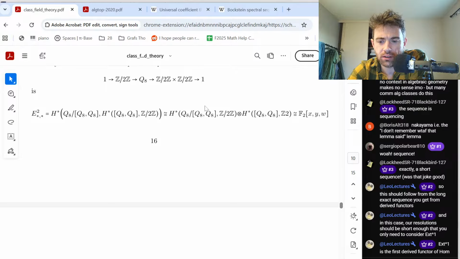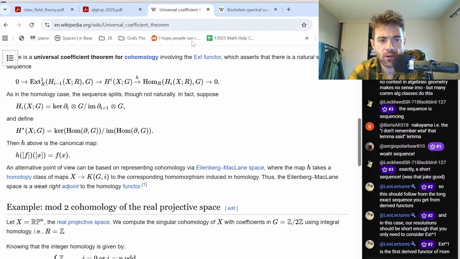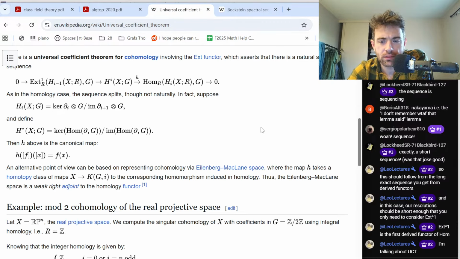Yep, no problems with that. Ext1 is the first derived functor of Hom, sure. Universal coefficient theorem, okay.